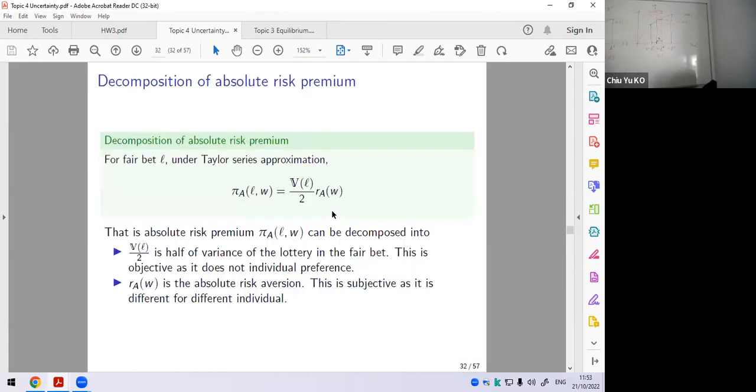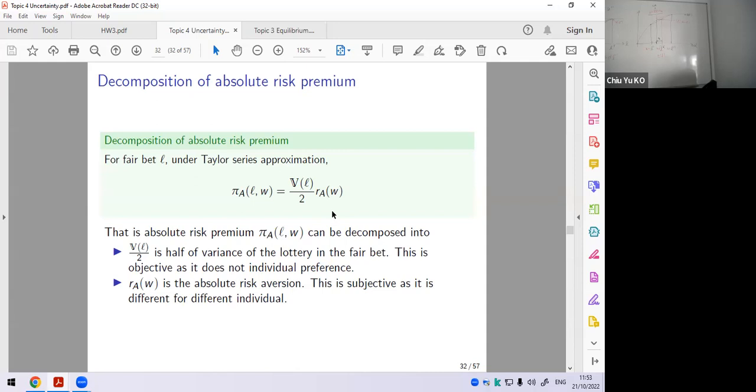So now, what probably justifies why we need the denominator is the following. It turns out, we don't prove it, but we will see, you look at the fair bet, L. Fair bet means the expected L is 0. And if you consider a first order Taylor series approximation, which we don't do next time, as a result the risk premium is just half the variance times this guy.